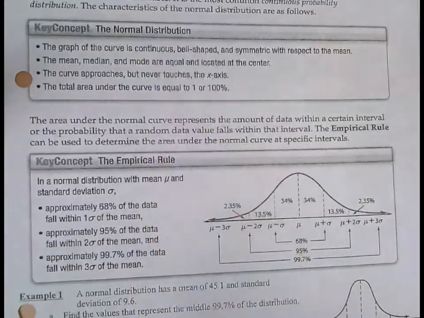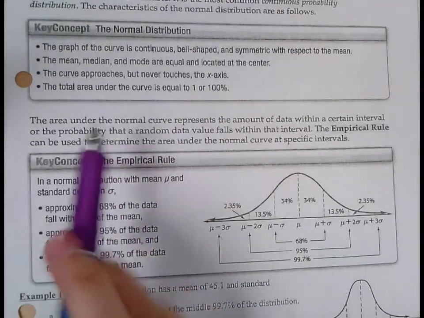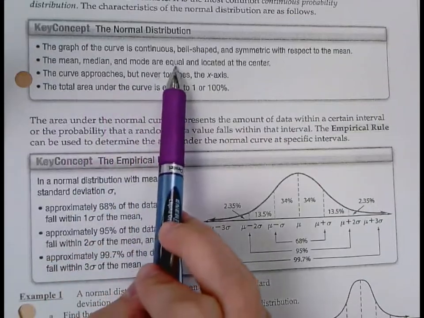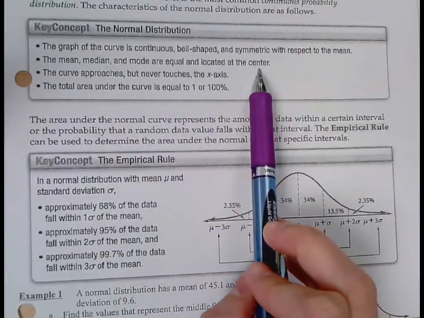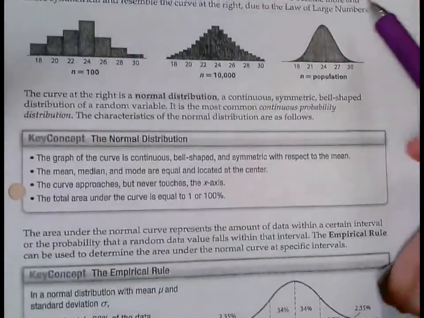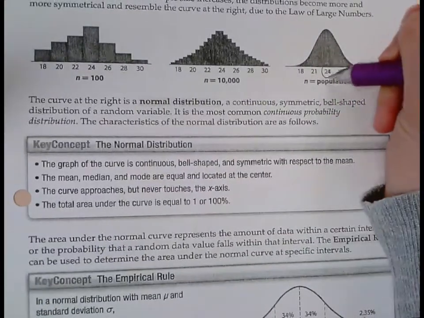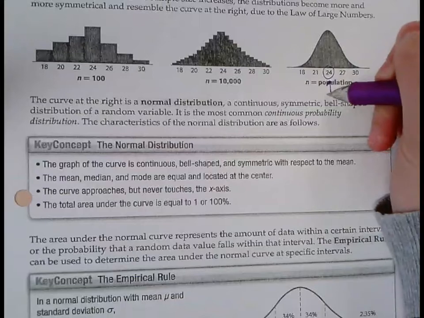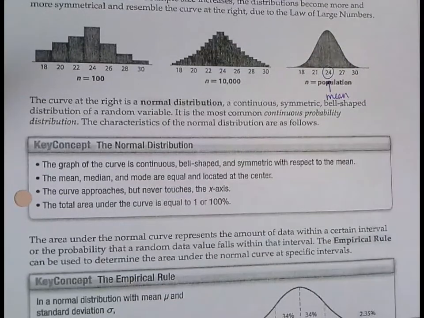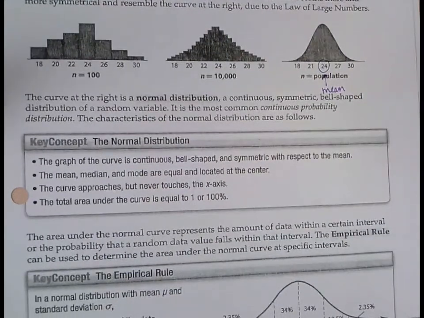It's continuous, bell-shaped, symmetric with respect to the mean. The mean, median, and mode are all equal, and they're located at the center. So if you look at this distribution that's given here, this 24 would be the mean. So mean, median, and mode are all equal in a normal distribution. They're directly at the center.